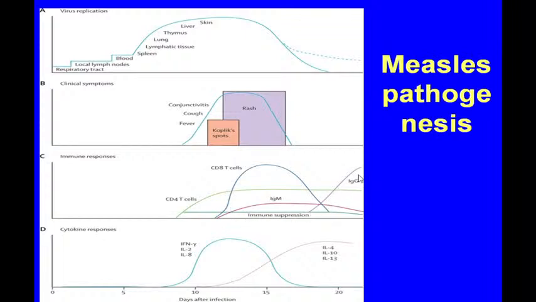And then IgG will be developed later on, but starting from the rash development, we may have very long-term immunosuppression.